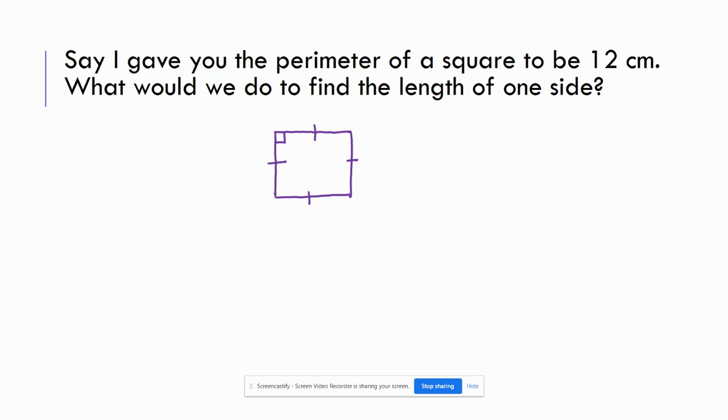So if perimeter means that all the sides add up, and I'm telling you that it's 12, because all four sides are the same length, hopefully our thought process is, okay, if I take my perimeter and divide it by the four congruent pieces, we'll find out that each length has to be 3 centimeters.